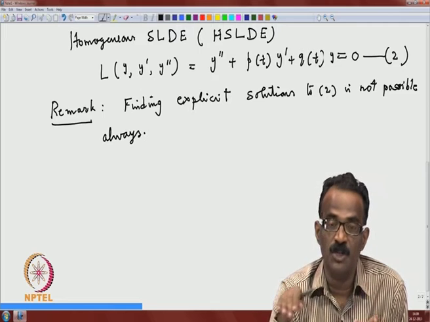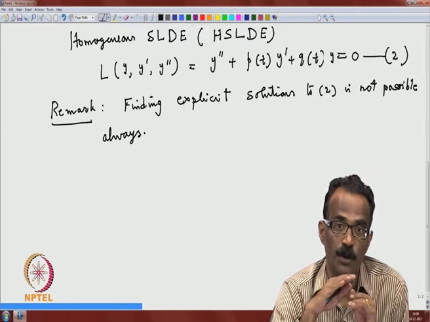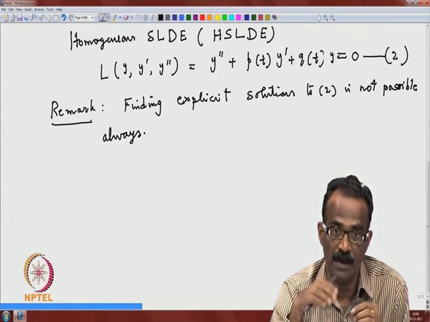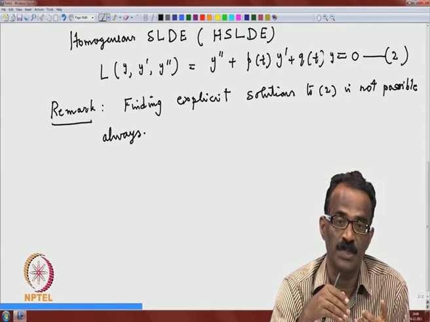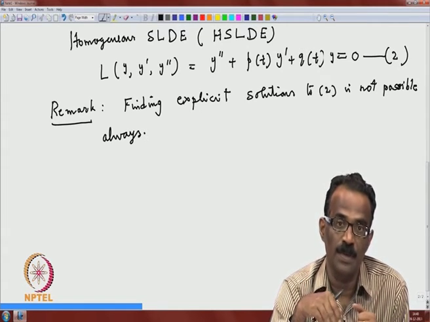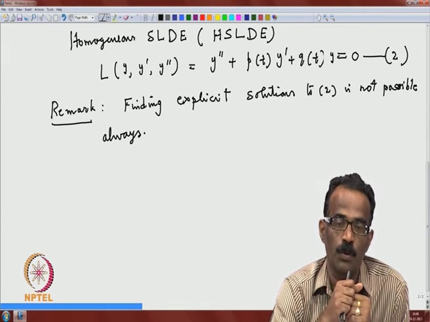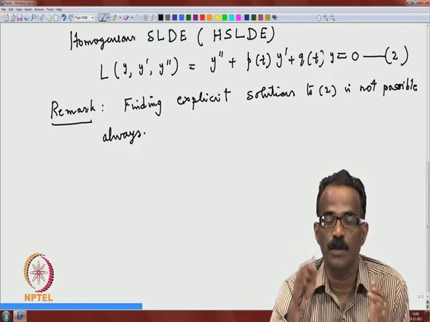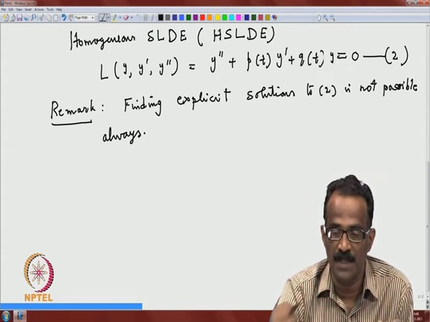But when the coefficients are functions of t, since there are no general methods or recipes to write down the solutions, we need some methods. In the next lecture we will introduce one or two methods to find solutions. They may not cover everything, but in certain situations we may be able to find the solutions.